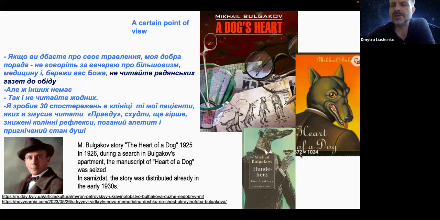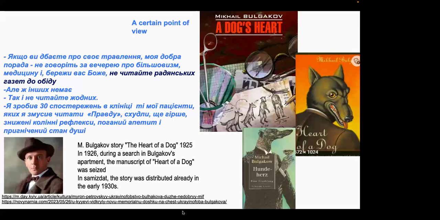You can see the English translation of the novel, and a German translation. Have you seen the movie, The Heart of a Dog? No, I didn't see.